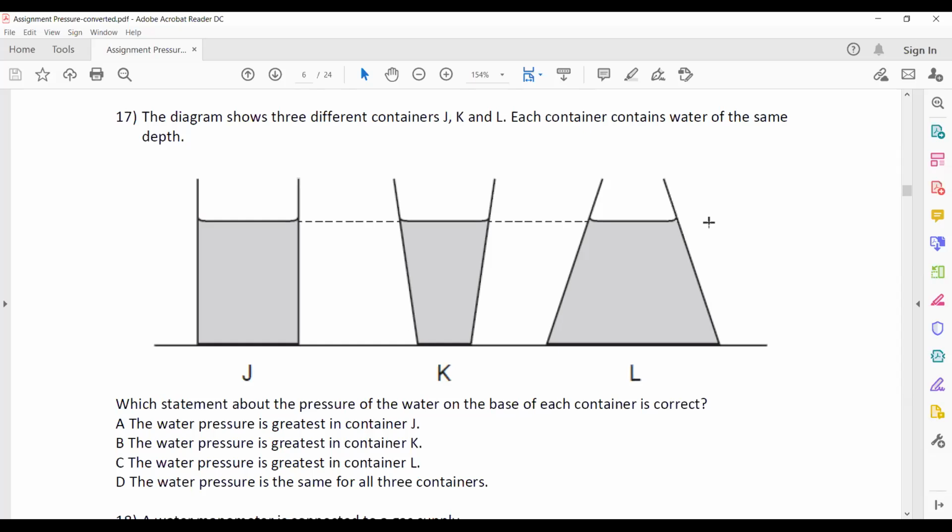Pressure exerted by the water does not depend on the dimension. Each container is filled with water of the same depth, so they all will apply the same pressure. The water pressure is the same in all three containers.